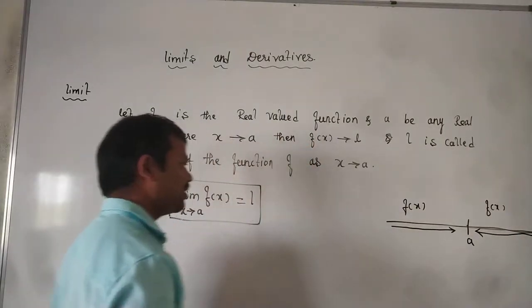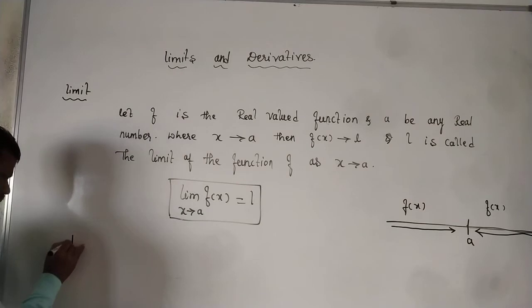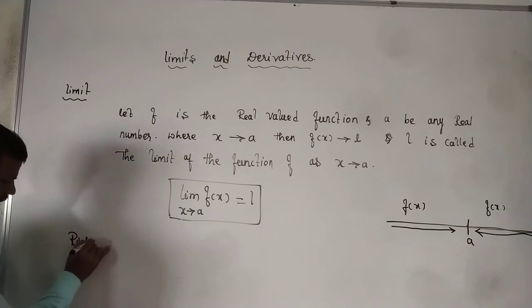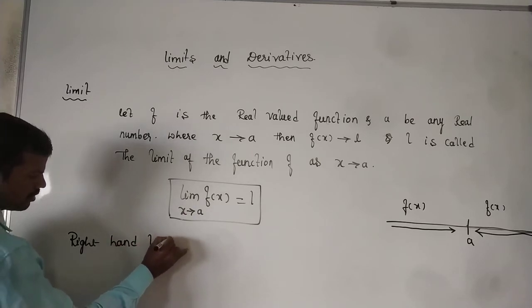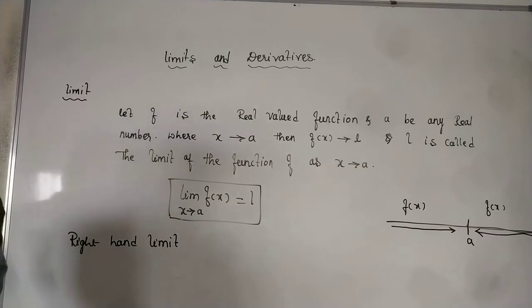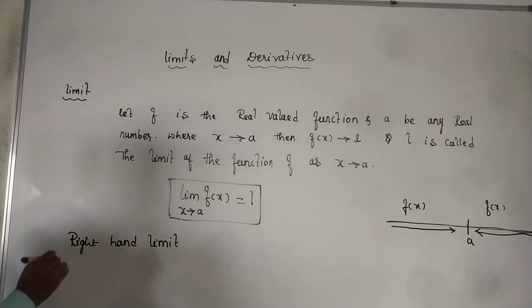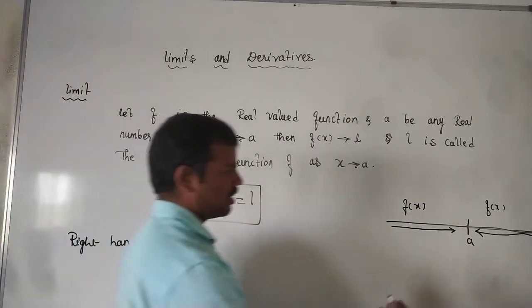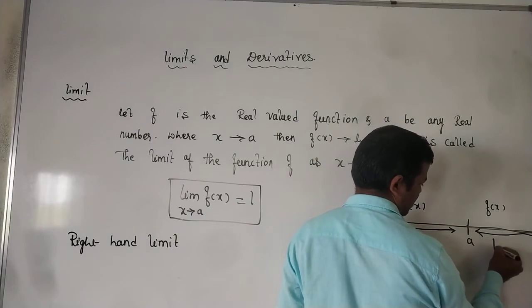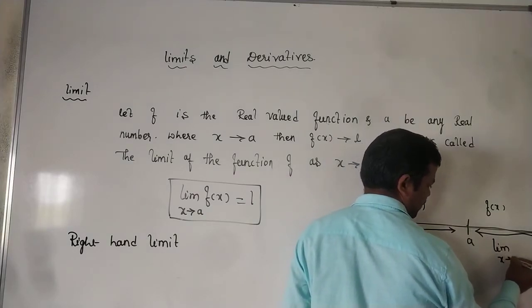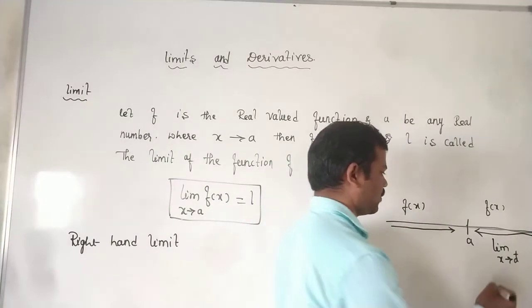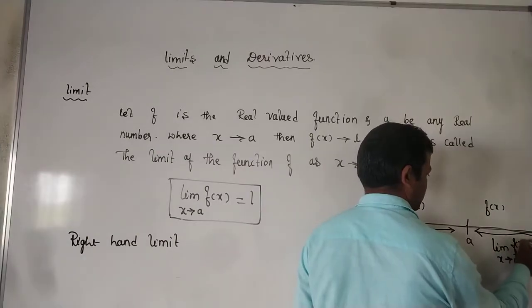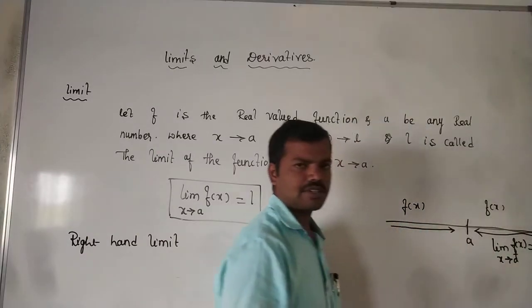Right hand limit. If x approaches the right side of a, we write it as limit as x tends to a plus, f of x is equal to L. This plus indicates the right side of the function.